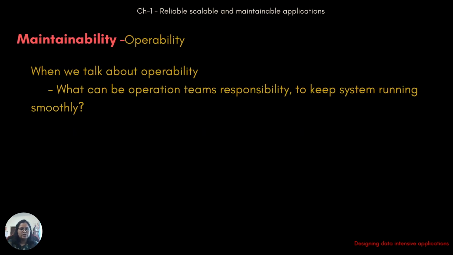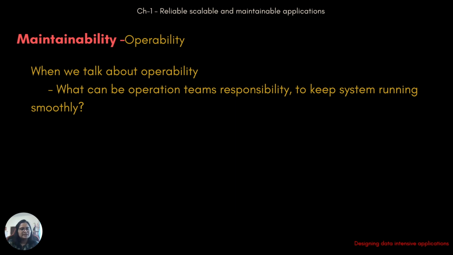So, when we talk about operability, what can be the operation team's responsibility to keep the system running smoothly? To kick off this question, I can tell you a few points, and what else you can think of, please let me know in the comments. Monitoring the health of the system and quickly restoring the system if it goes into a bad state.